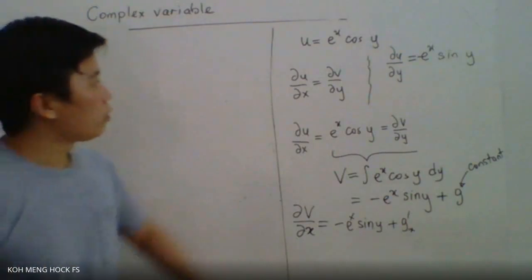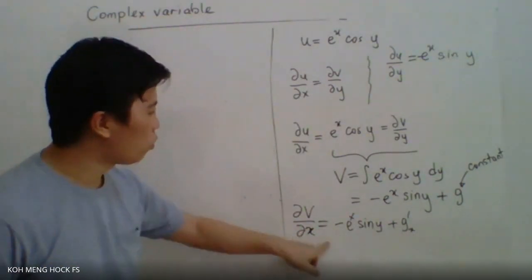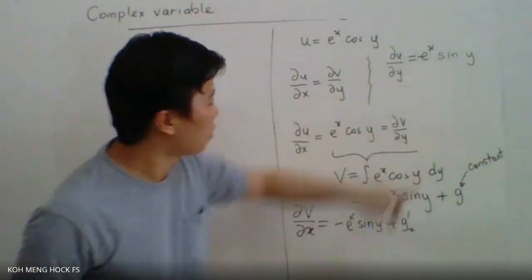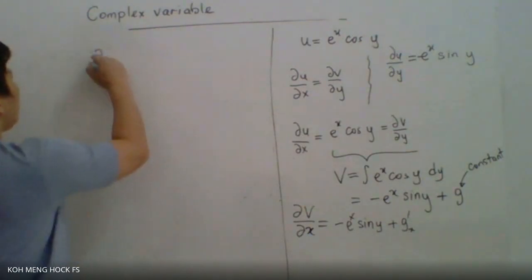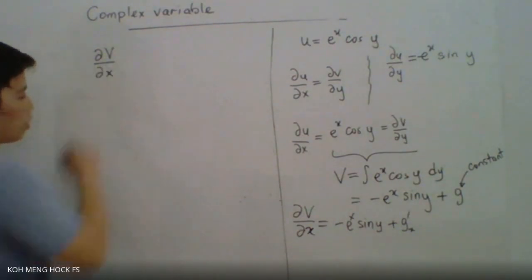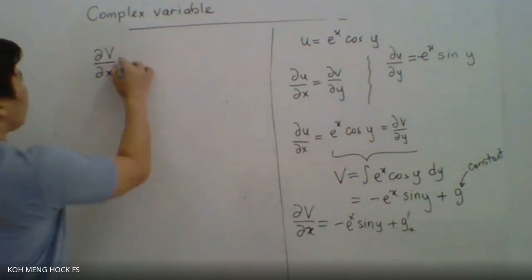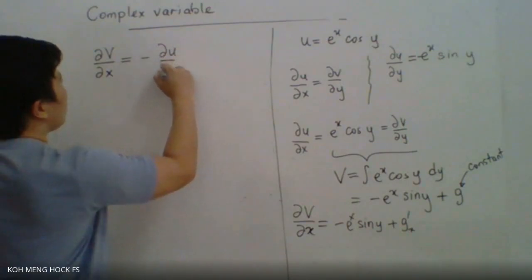Okay, so now dv/dx, you get this expression, and this is going to be equal to the negative of this guy, the negative of du/dy.